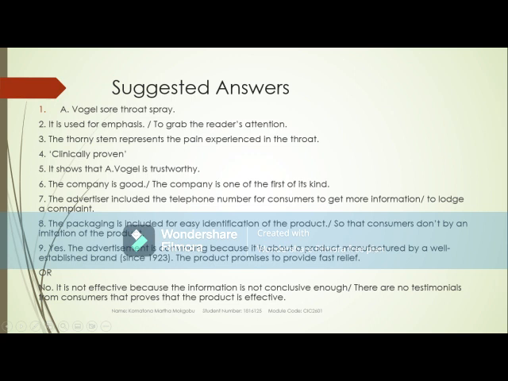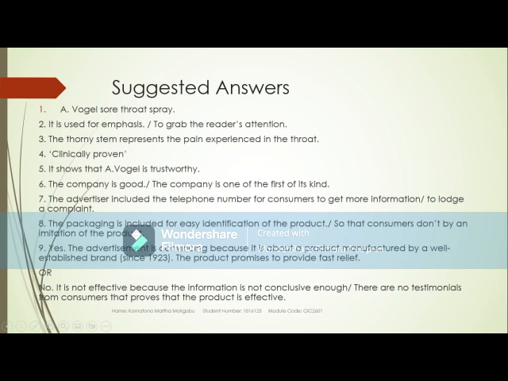We know imitations, they're not good, guys. Then we go to number 9. The answer says yes, the advertisement is convincing because it is about a product manufactured by a well-established brand since 1923. Great.